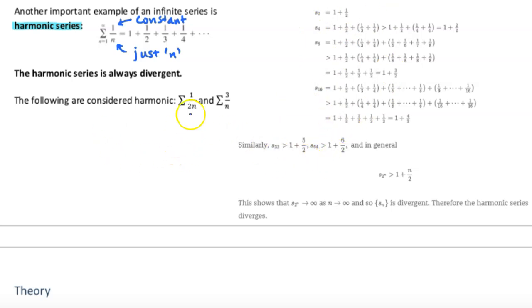And if we remember back to section 7.8, we found that the integral from 1 to infinity of 1 over x dx was divergent.